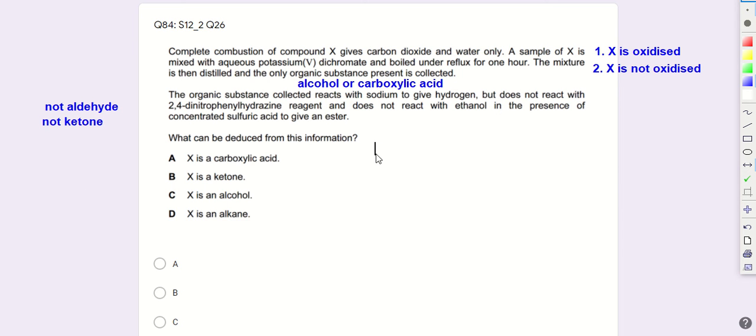Then the next one, it also does not react with ethanol in the presence of concentrated sulfuric acid to give ester. Only carboxylic acids react with ethanol in the presence of concentrated sulfuric acid to give ester. Since it does not react with ethanol to form ester, it is not carboxylic acid.